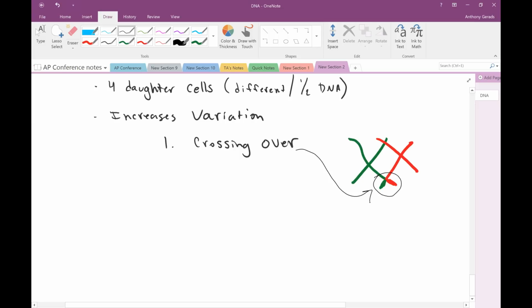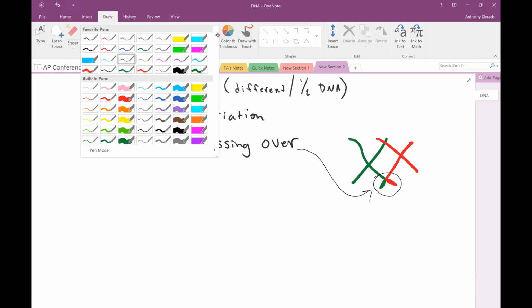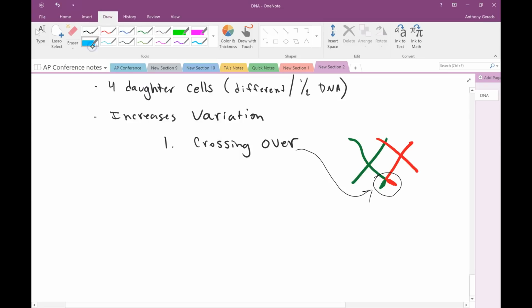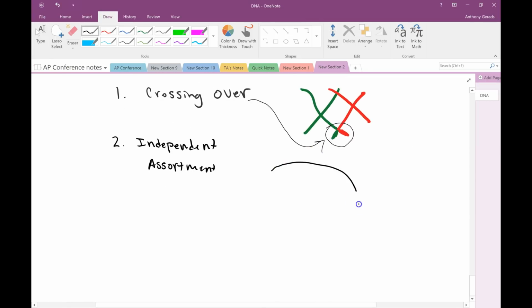The next one is going to be independent assortment. What that's going to be is, let's say I take a cell. When I have this cell, these chromosomes are going to line up. Okay?